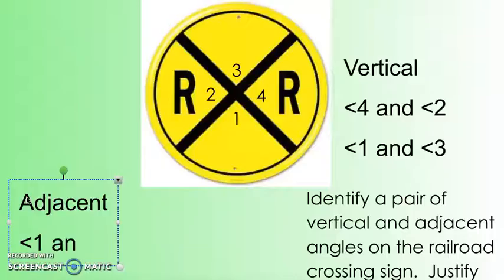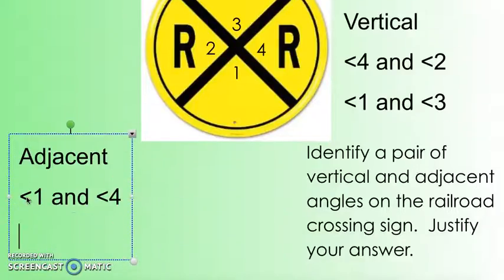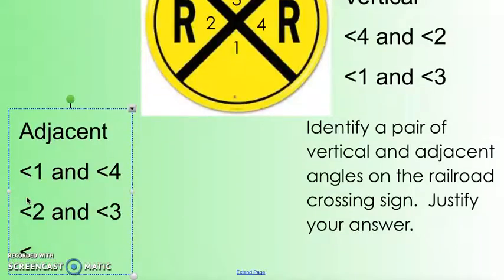Angle 1 and angle 4. But angle 1 is actually neighbors with another one. Angle 2 and angle 3. Nice job. And then angle 3 and 4. All of those are adjacent to each other.